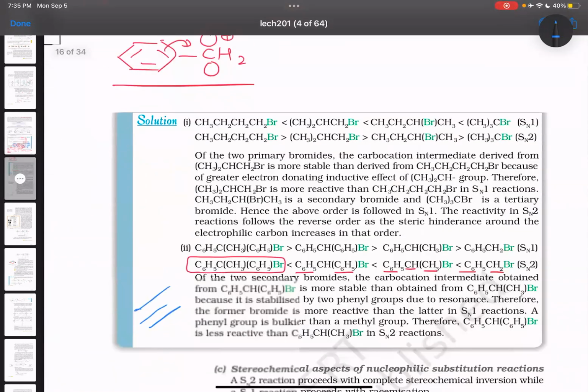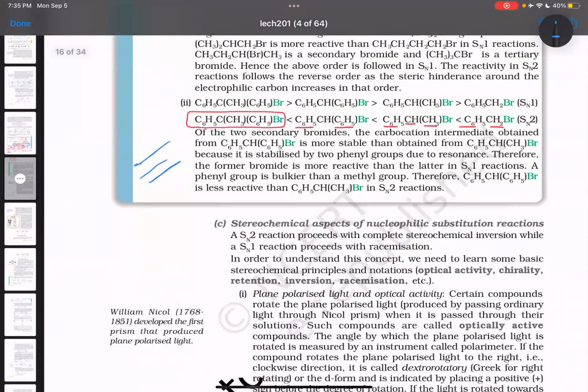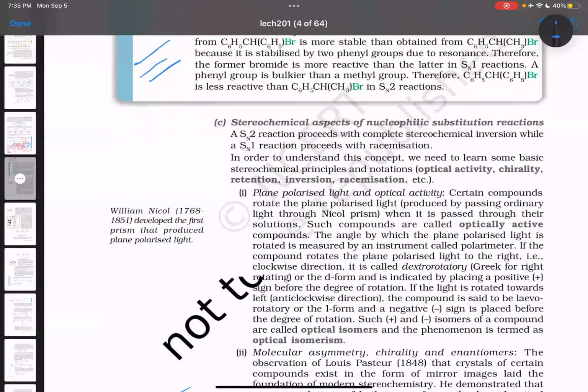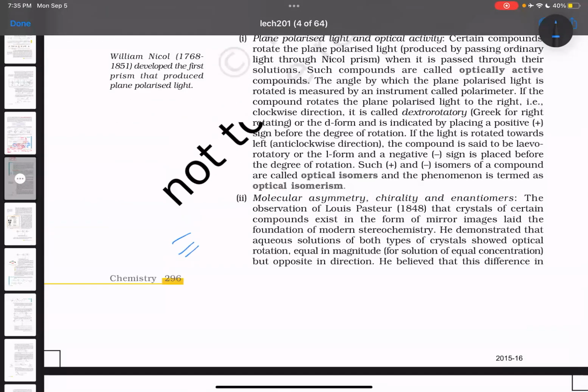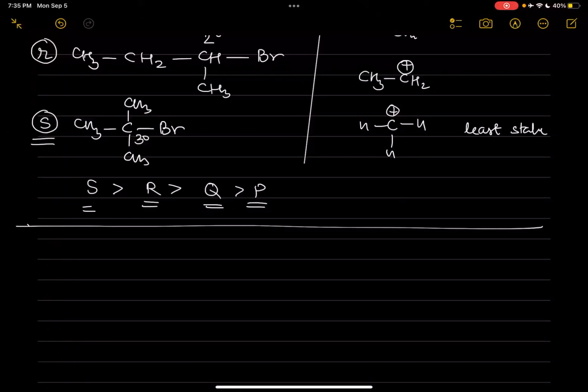Now we need to compare their stereochemical aspects. Suppose sometimes when we are going with an umbrella, and there are strong winds blowing, what happens to the umbrella?